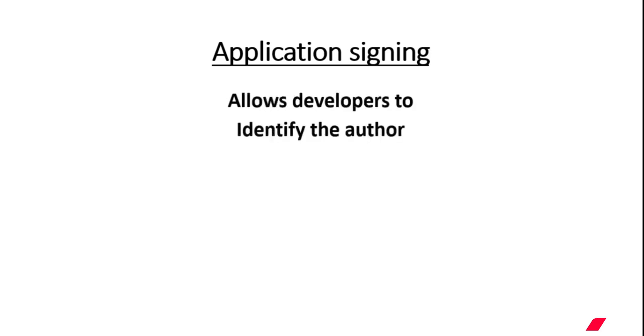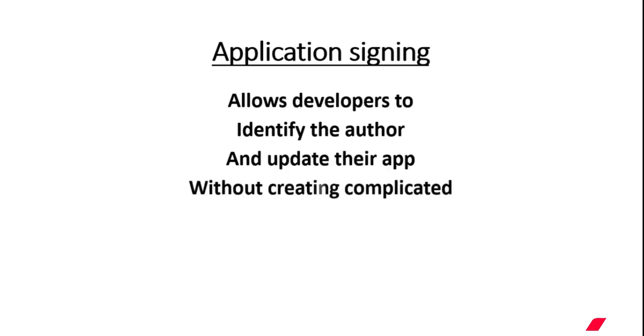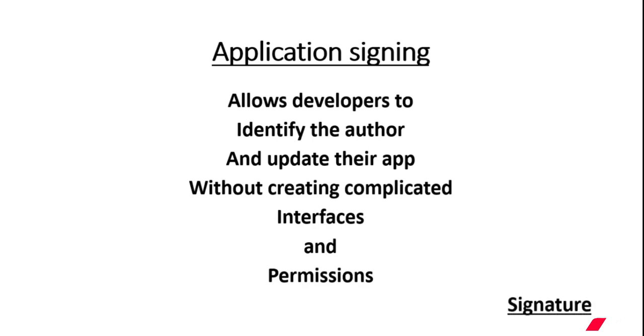Another thing that I want to cover here is the application signing. So application signing allows developers to identify the author of the application so that the user knows that the application is actually legitimate, and also to update their application without creating complicated interfaces or permissions, right? Now every application that is run on the Android platform by default must be signed by the developer. So if you root it and you go to some other stores, that's definitely very different.